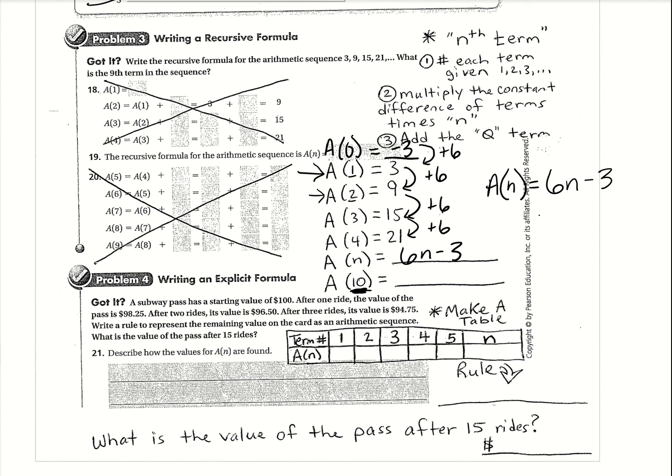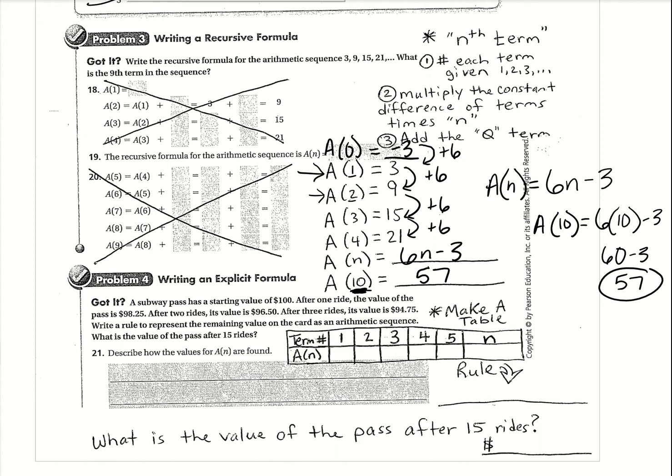We would do a of 10 equals 6, and for every n, you plug in 10. 6 times 10 is 60, minus 3 is 57. So go ahead and use that.